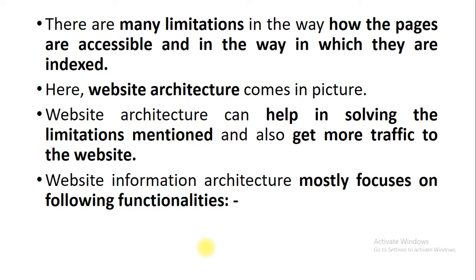So there are many limitations in the way the pages are accessible and in the way in which they are indexed. See, when we look at some website and click on a particular link, from the name of the link, or the text of the link, we are able to understand that this particular page is developed for this particular purpose. But a crawler is a software program, so there are many limitations which you need to remove, right?